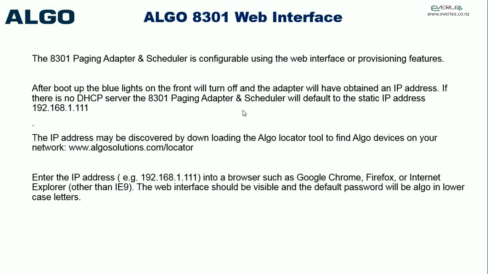Now, just a note for those who are a little bit unfamiliar with the IP side: if you are going to do a direct connect to the Algo using its fixed IP address, please make sure that your LAN interface has been set to an IP range within the default IP range that the Algo has defaulted to, e.g. the default IP is 192.168.1.111.